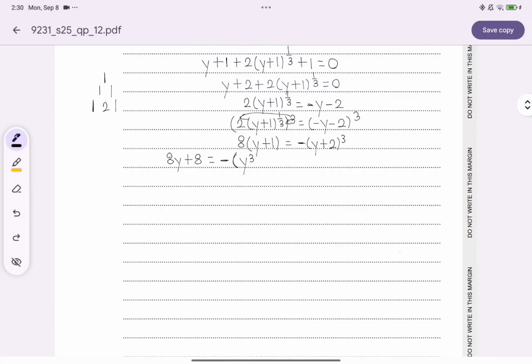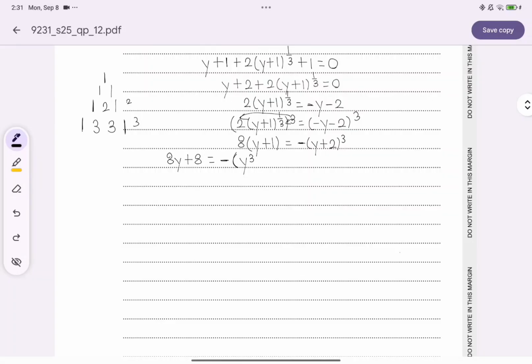This is for the power of 2, but this is not what we're interested in. We're interested in the coefficients when we cube something, so we have to go 1 row further. So 1 plus 2 is 3, 2 plus 1 is 3, and 1. So this would be our coefficients for the binomial expansion that we have to use.